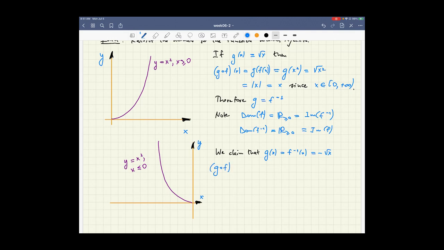G composed with f of x is g of x squared. But then g of x squared is negative root of x squared. Root of x squared is absolute value of x, but because x is non-positive, absolute value of x by definition is negative x. And so we do get that g of f of x equals x.